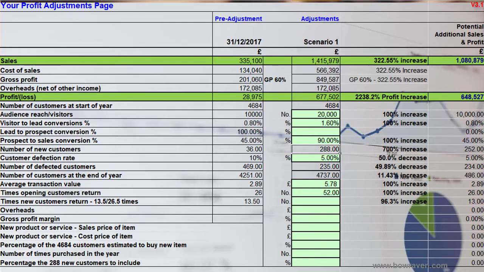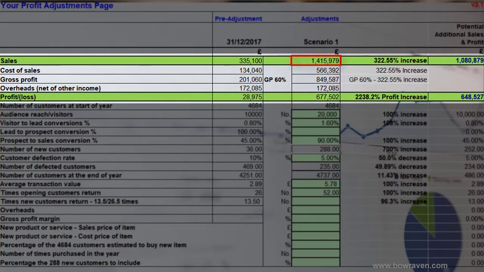By changing the visitor conversion rate, which effectively becomes leads or prospects, and then changing the prospects to customer percentage rate, our sales are now showing at 1.4 million. That's a massive jump from 335,000 up to 1.4 million.